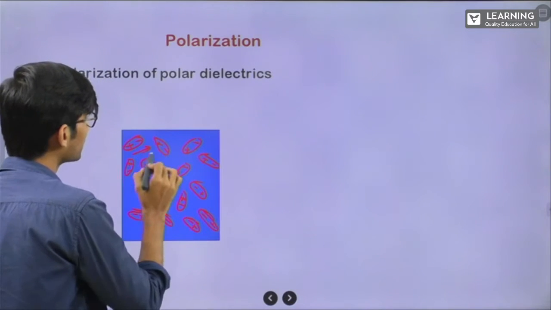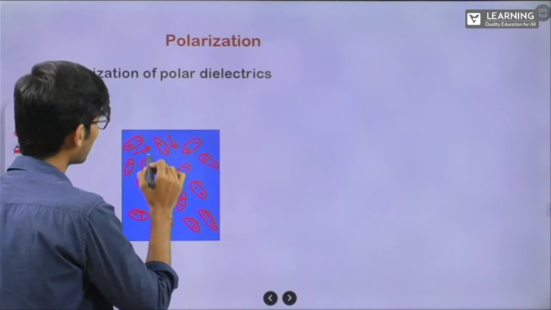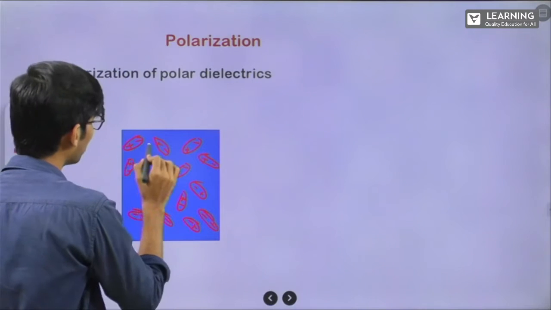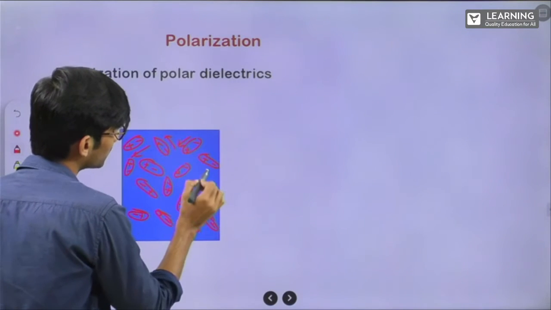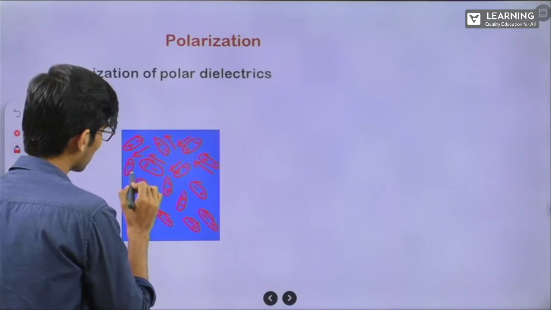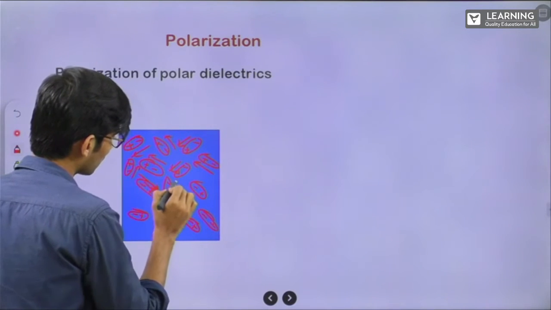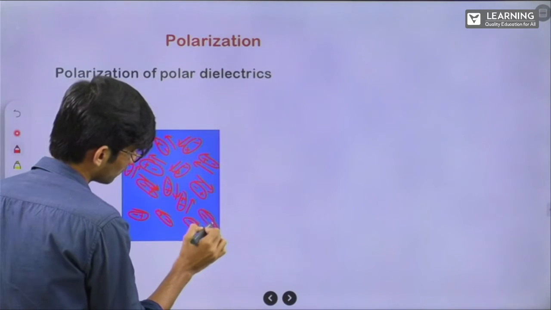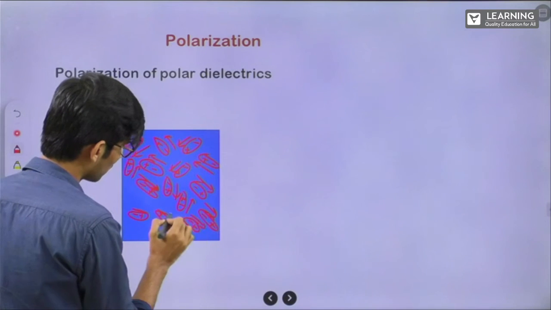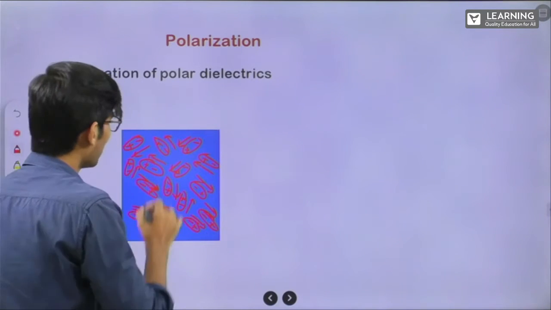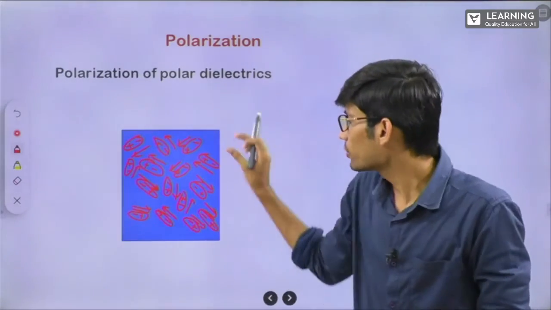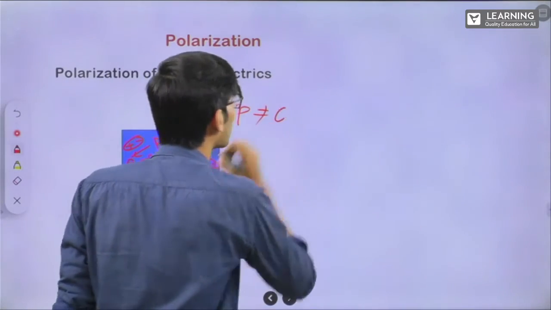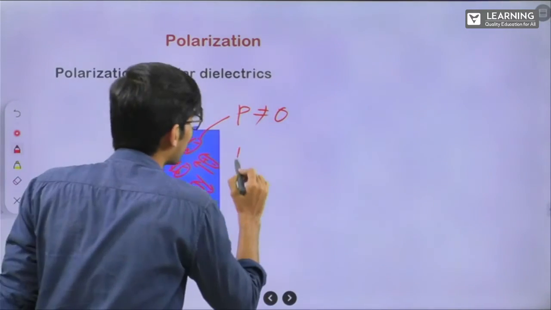See here, P will be like this, P vector, okay, from negative to positive. If you see the direction of P vector for this particular molecule, P is not zero, but P net will be zero.